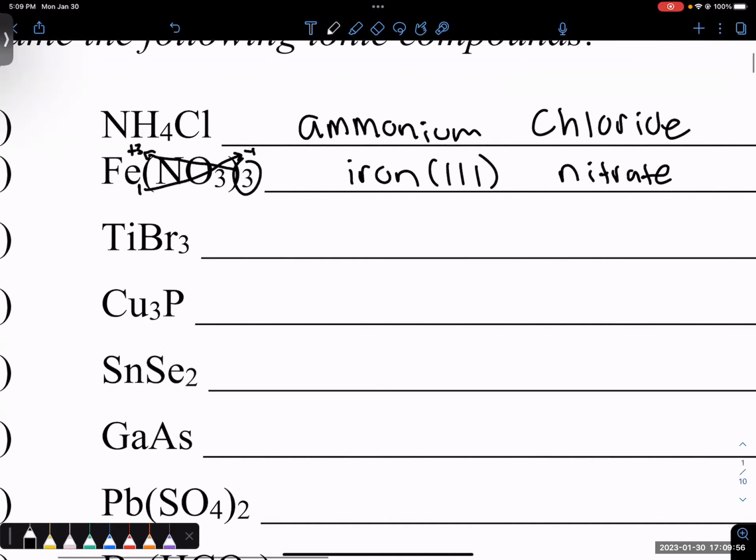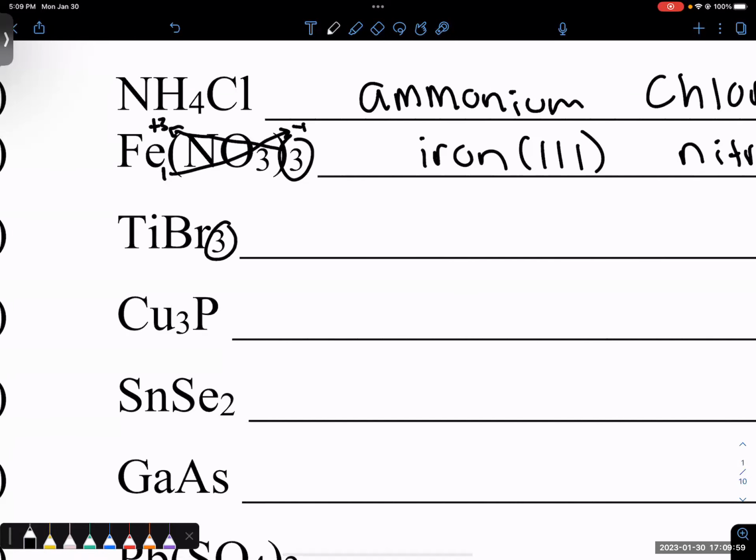For this one here, we know that the 3 goes up here, so you get titanium, Ti with the 3+, and then this 1 goes up there, so you get Br-. What's the name of this one? Anyone?